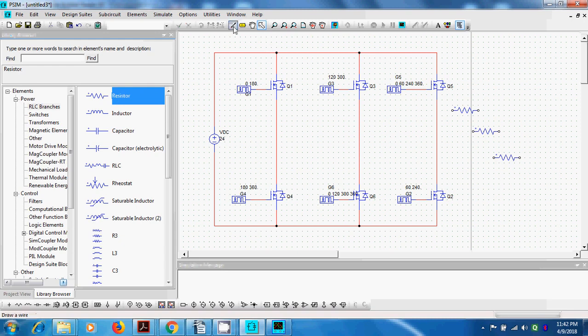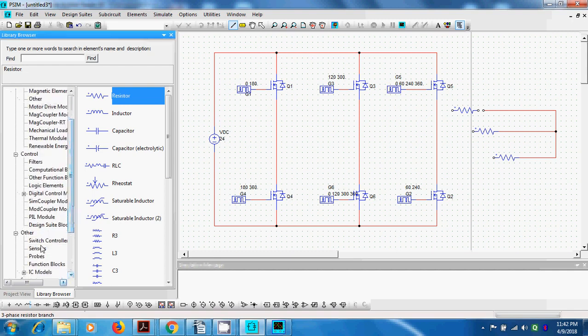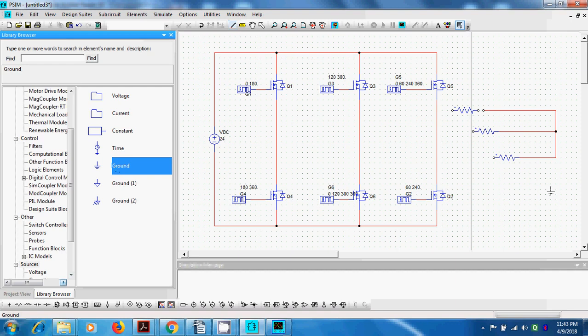I will connect these three resistors at one end, and here I will use my source. Where is the source? Source is here. So this is ground. I will use this ground, and this ground will be like this. So this is neutral. This is 12 hertz.